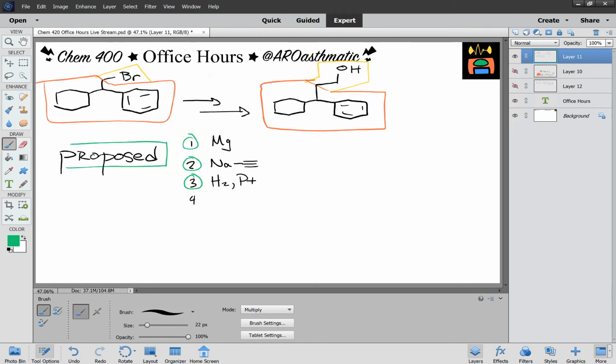Fourth, hydrobromination. And fifth is just the second step of the hydrobromination.